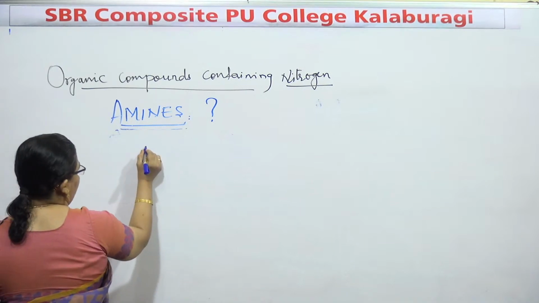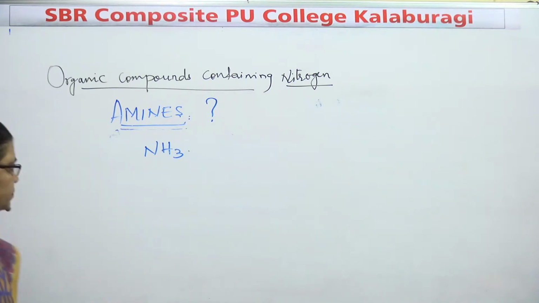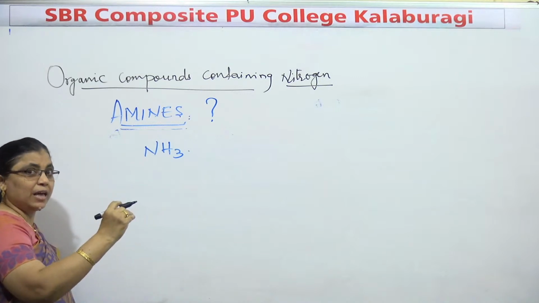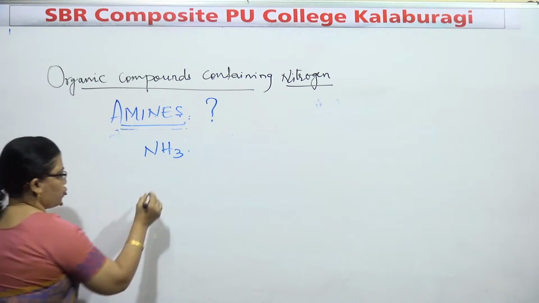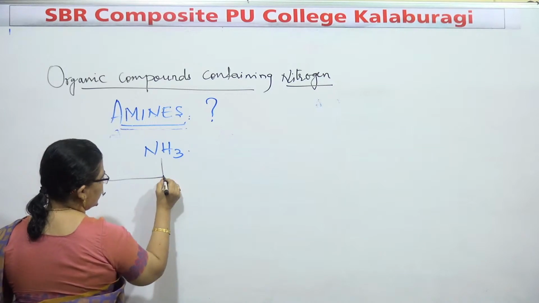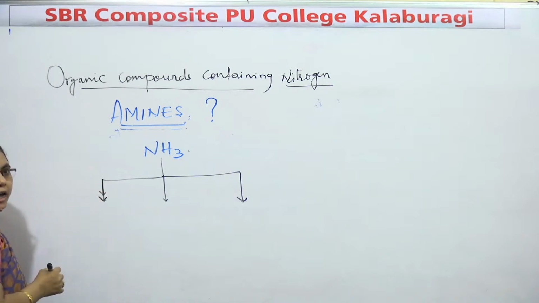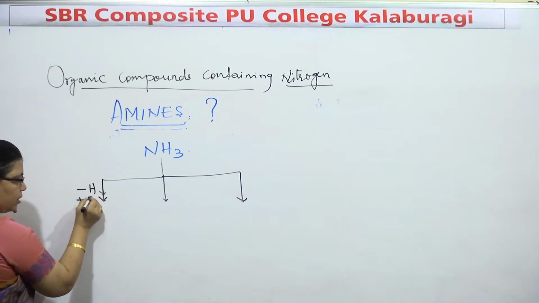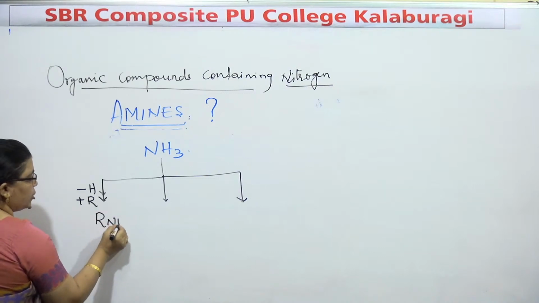This is ammonia, NH3. In the definition, as I said, however many hydrogen atoms are replaced, that many alkyl or aryl groups have to be substituted over here. If one of the hydrogen atoms of ammonia is replaced by an alkyl group or aryl group, it is represented as RNH2.